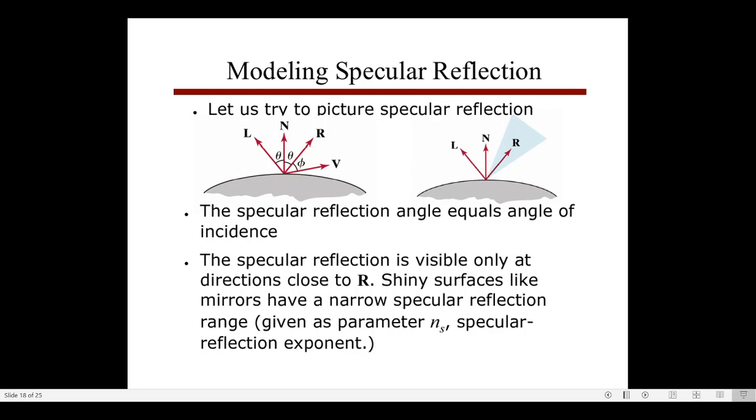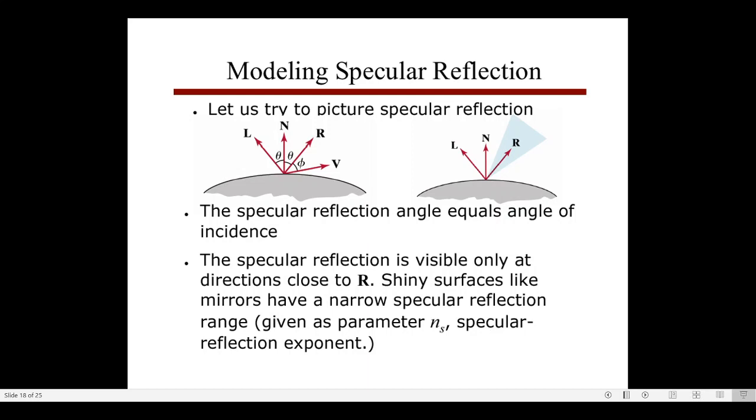So how can we model this specular reflection? Here there is a diagram. There is a surface, and this is the normal vector to the surface. Light is incident from this direction, and then it is reflected in the opposite direction. The incident light makes angle theta with the normal to the surface, whereas the reflection also makes the same angle with the normal.